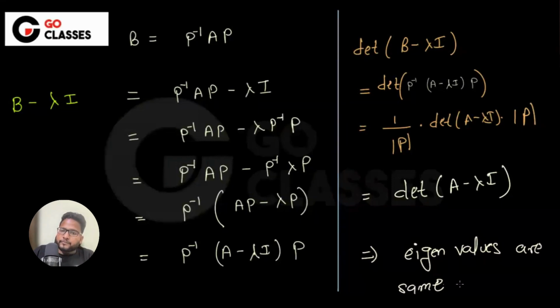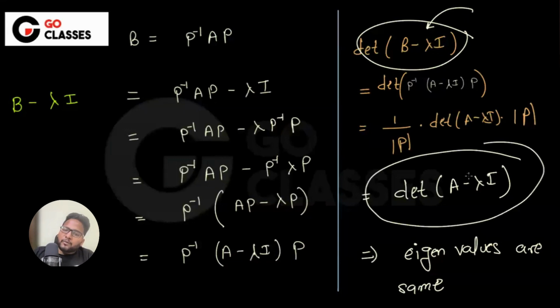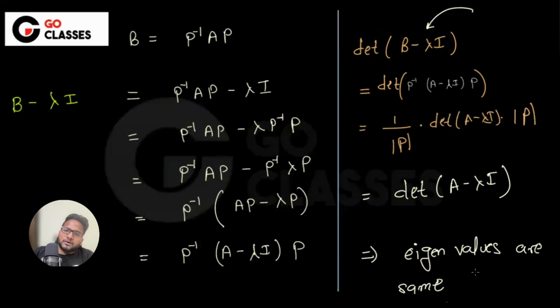Which means, let's suppose for lambda equal to one, this determinant is zero. Then tell me, for lambda equal to one, this determinant will be what? Zero, right? Whenever you put some lambda, if you put lambda one here, you will automatically put lambda equal to one here. If this is zero, then this is also zero. So basically, the eigenvalues are the same for similar matrices. So just remember this.